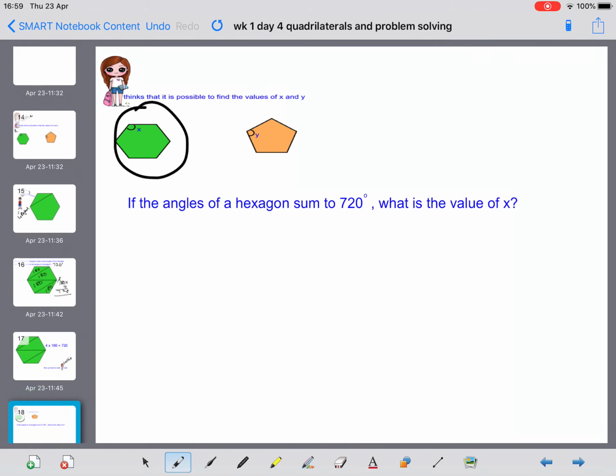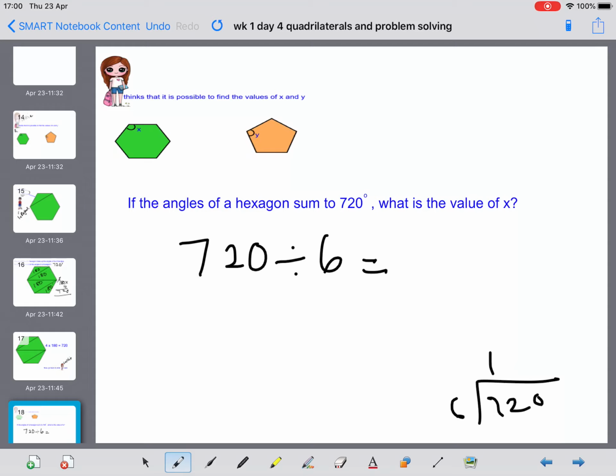Well, there are how many angles in a hexagon? 1, 2, 3, 4, 5, 6. There are 6 angles in a hexagon. So if I want to work out what one of those angles is, 720 divided by 6 will give me what one of the angles is.